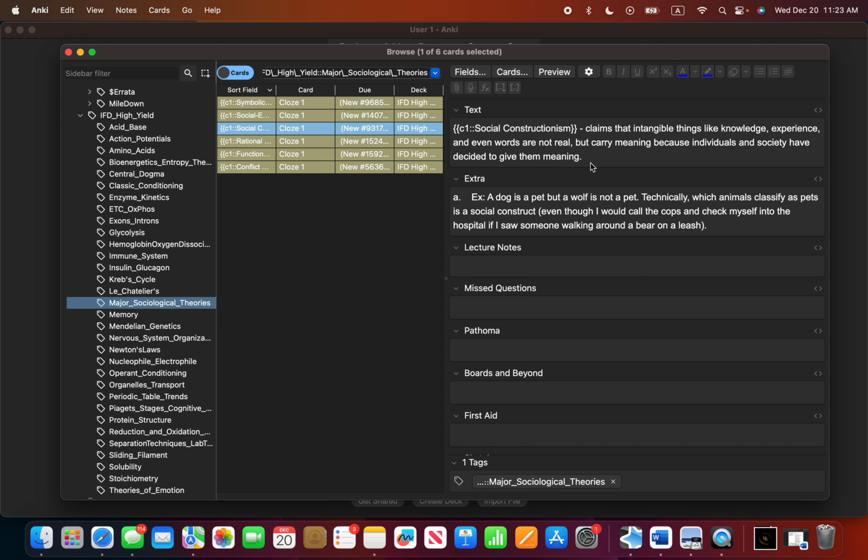For example, a dog is a pet, but a wolf is not a pet. Technically, which animals classify as pets is a social construct. Even though I would call the cops and check myself into the hospital if I saw someone walking a bear on a leash. So it's a social construct that we classify which animals are pets.